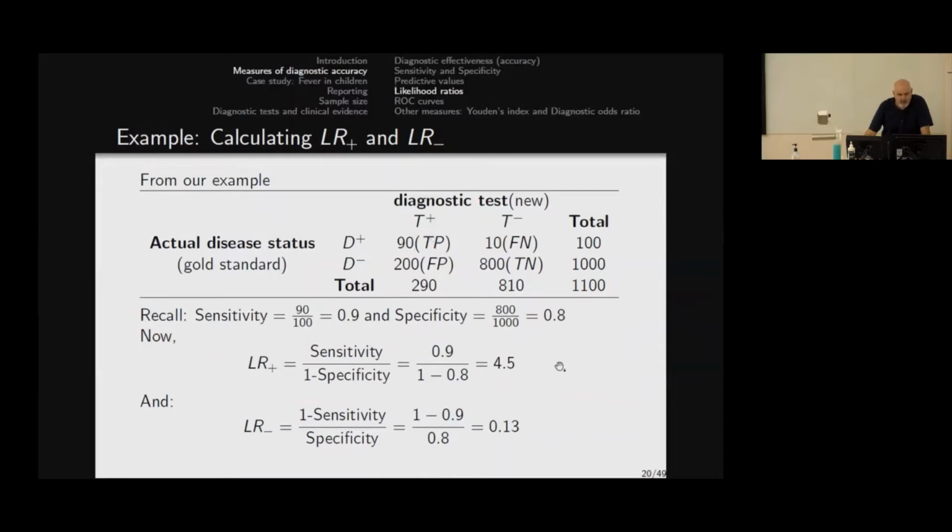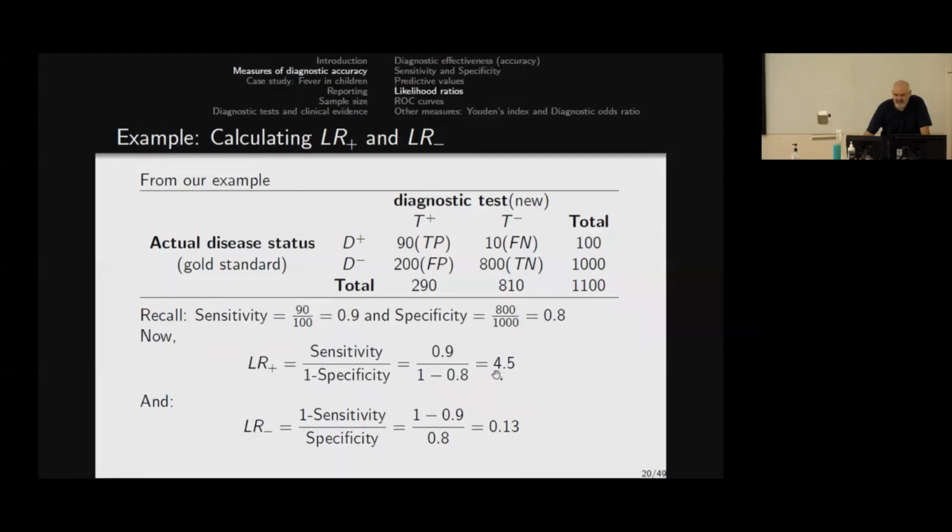Calculating from the table, we could use the numbers here too, but the simplest way of doing it is pointing out that 90% of people were true positives. Of those that had the disease, 90 were true positives over the false positives, which is 1 minus 0.8, which was the 200 out of 1,000.